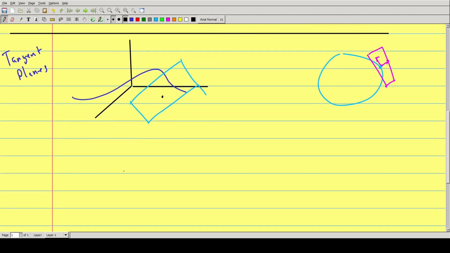Now, to define planes, we, of course, go back to some of our formulas from earlier chapters. And we have the standard form here, where the right-hand side is equal to 0.